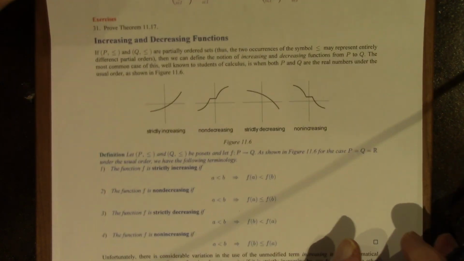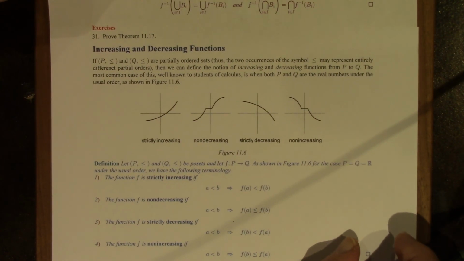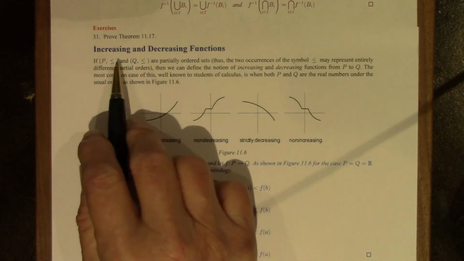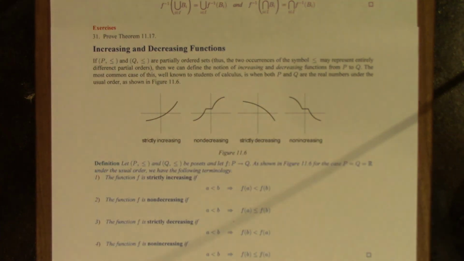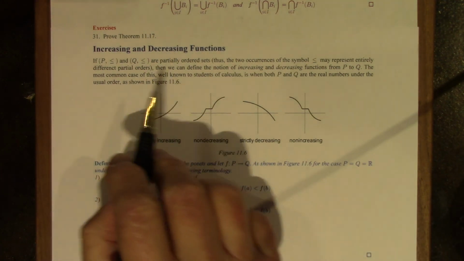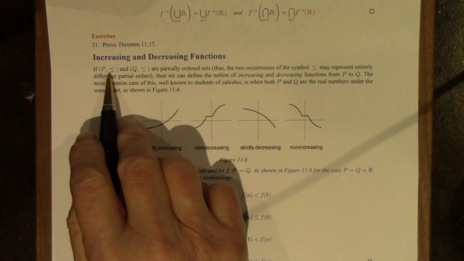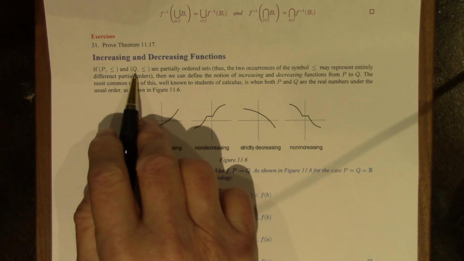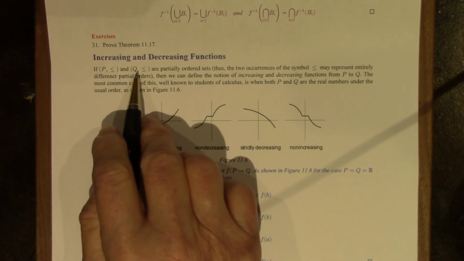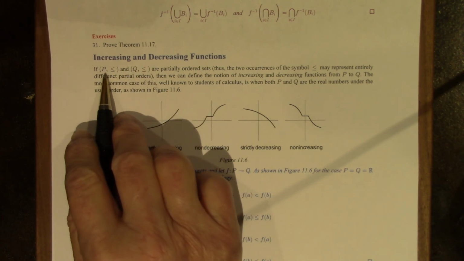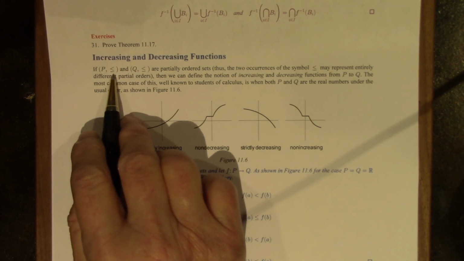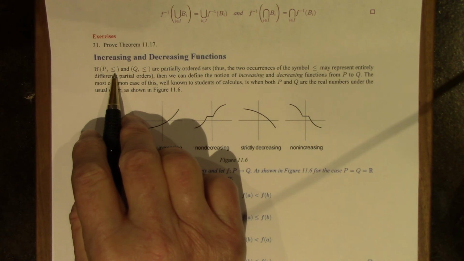Finally, to conclude our discussion of functions, we need to talk briefly about increasing and decreasing functions, which you may very well be familiar with from calculus. But I just want to go over the terminology because there are some inconsistencies in the literature. But we can also generalize this to functions between partially ordered sets. So P is partially ordered by this symbol.